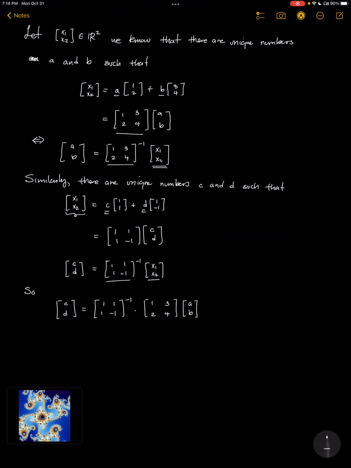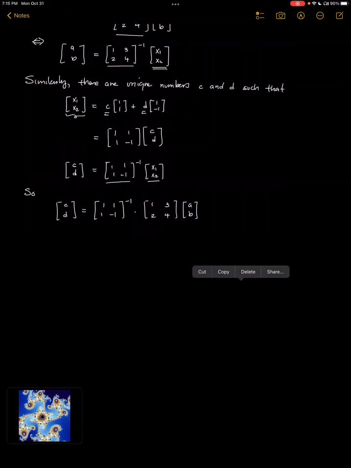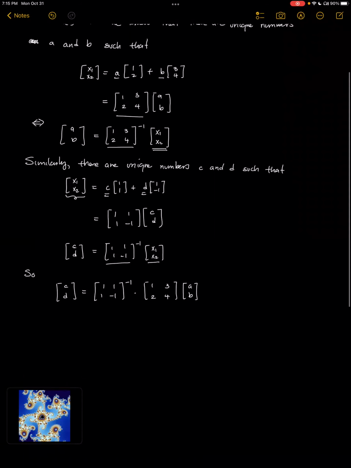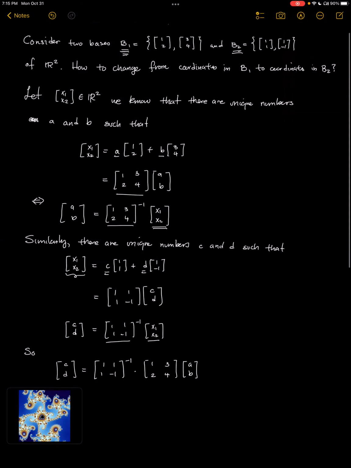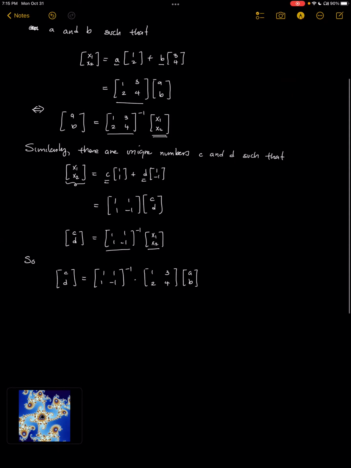What does it mean for us? Well, we're effectively making a translation. We are saying that if we know the coordinates of a vector in one system, for example in the coordinate system associated with the basis B1, then it's possible to know the coordinates in the system associated with the basis B2.